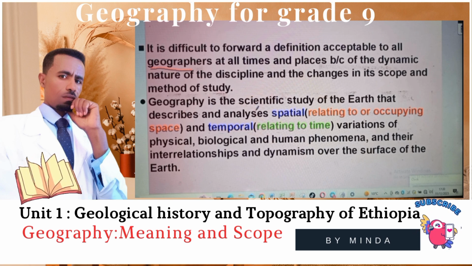Geography is the scientific study of the Earth. This is the modern definition and the best definition for the term geography.